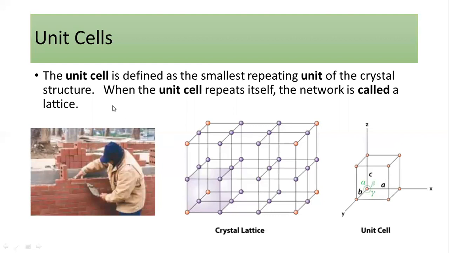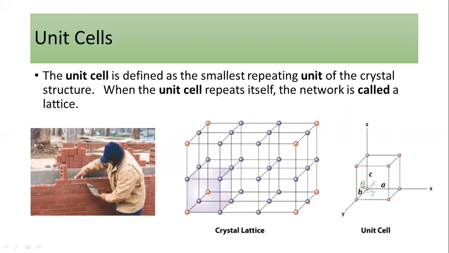Unit cell is defined as the smallest repeating unit of the crystal structure. Let's suppose this is the crystal lattice, and the smallest repeating unit would be called the unit cell. Here it is shown separately.